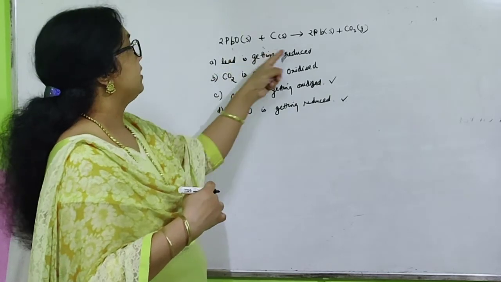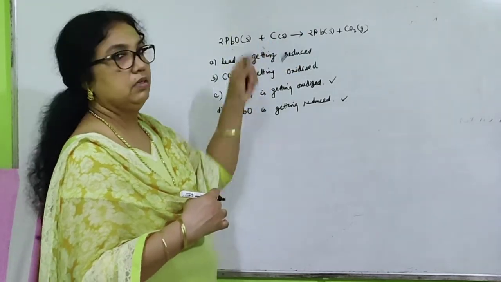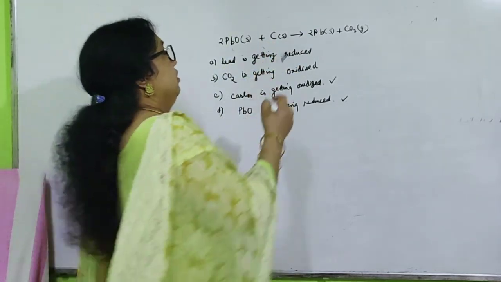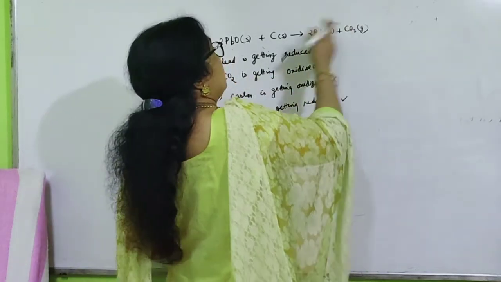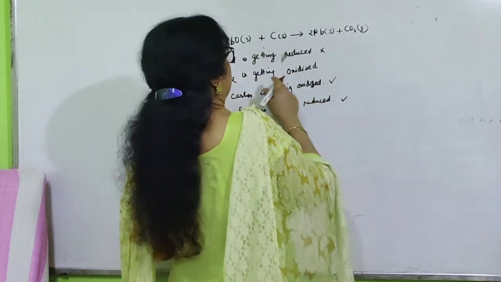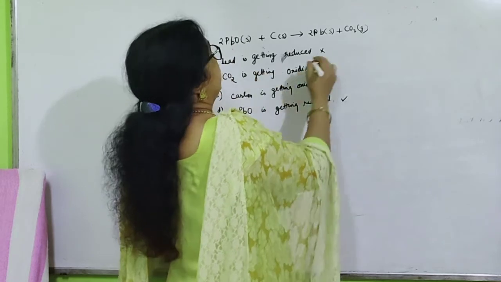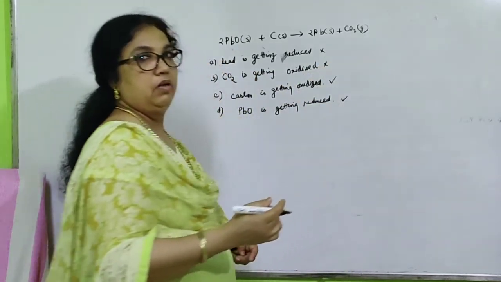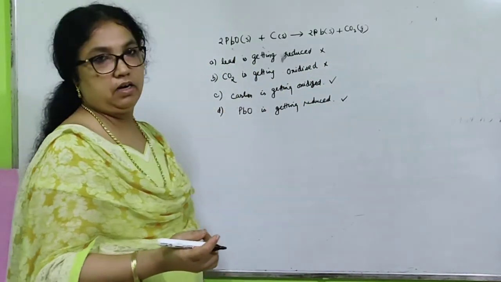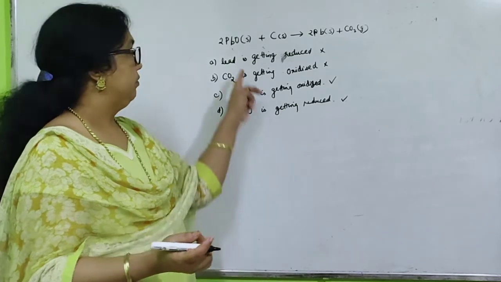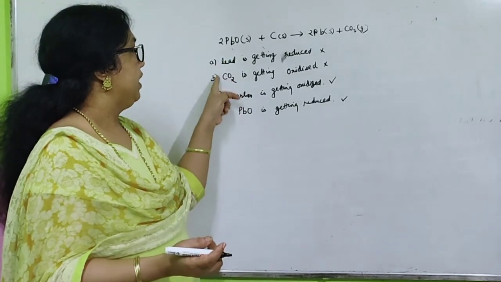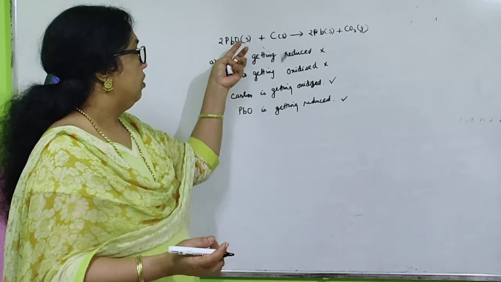Now look, lead is getting reduced. It is not, so that is wrong. And carbon dioxide is not getting oxidized, carbon is getting oxidized. Here it is written carbon dioxide is getting oxidized, so that is wrong. So A and B are the incorrect ones.